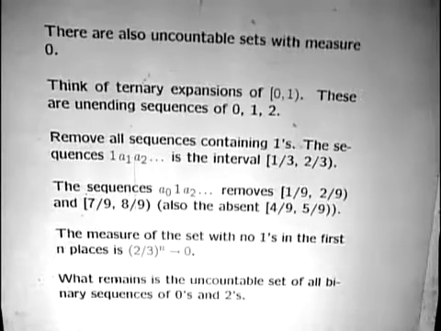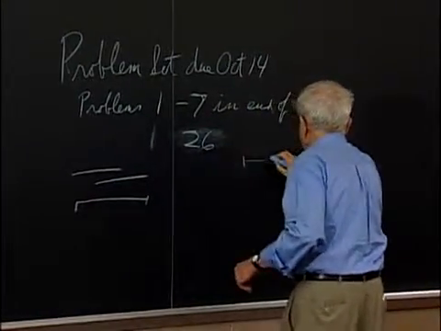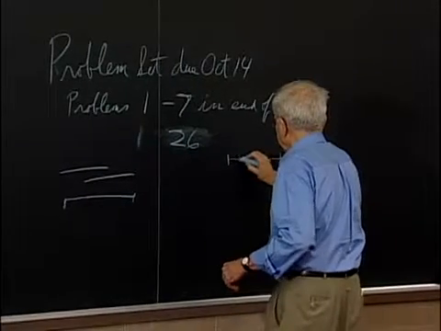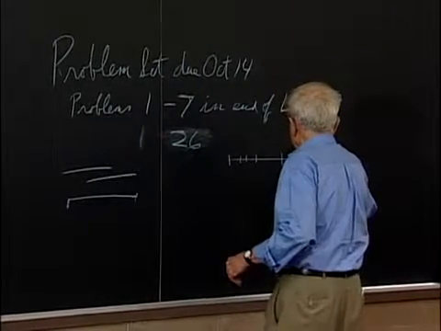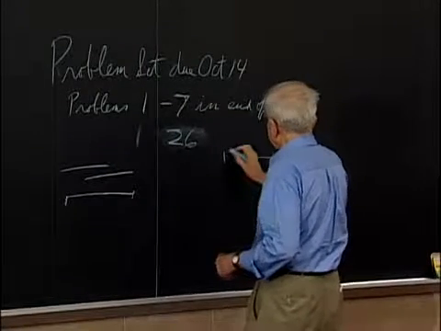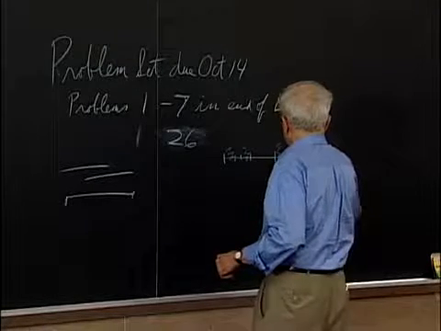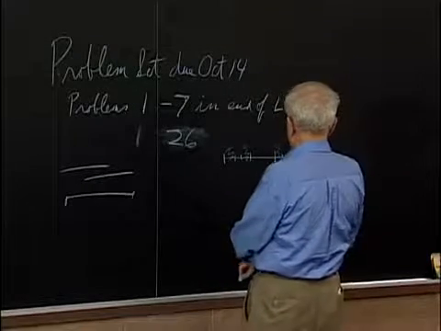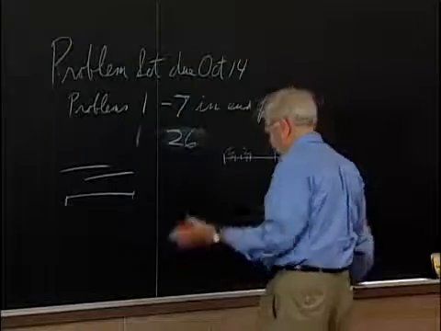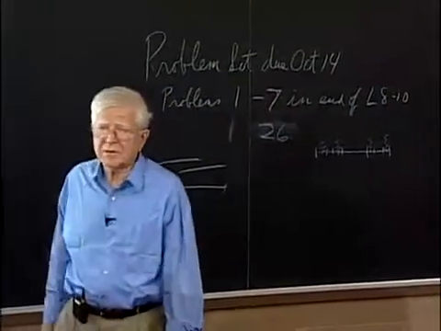So we wind up with something which is now, we've taken out this, we've now taken out this, and we've taken out this. So the only thing left is this, and this, and this, and this, right? And we've removed everything else. And we keep on doing this.